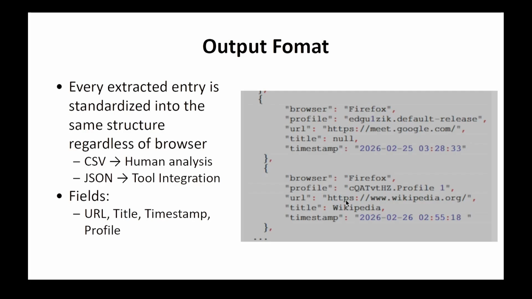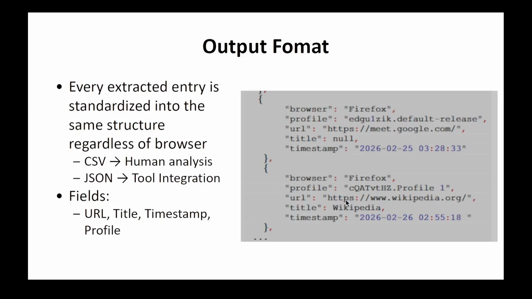CSV, because investigators may want to open it directly and sort it, filter it, or read it. For JSON, if there's another tool that wants to integrate this later on, we want to keep that as an option as well.